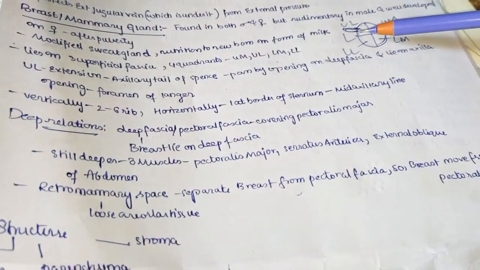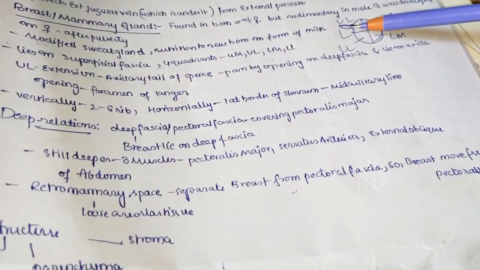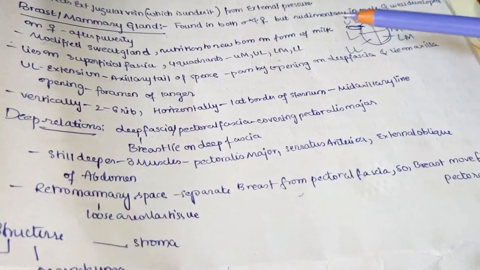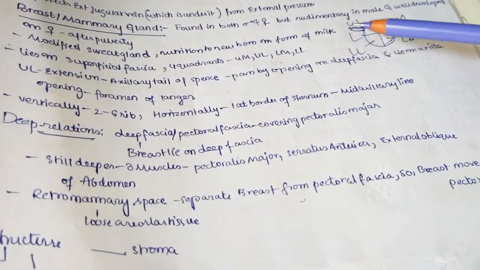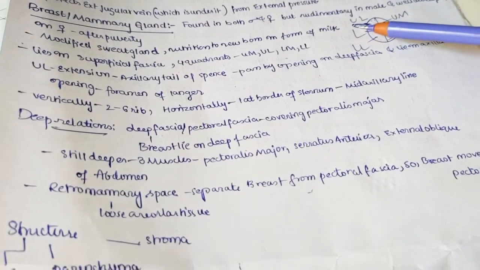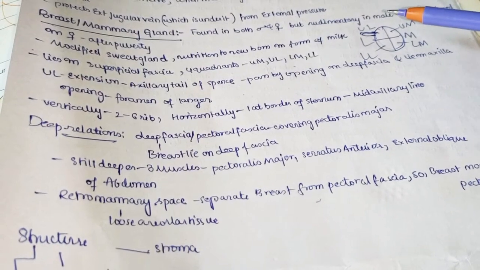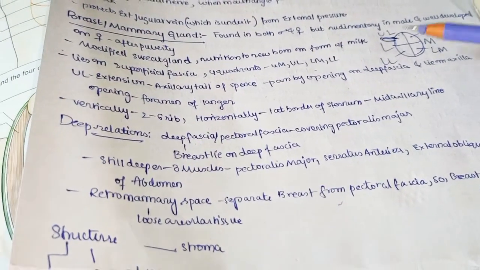It is present on the axilla side because the upper lateral quadrant of the mammary gland is towards the axilla.